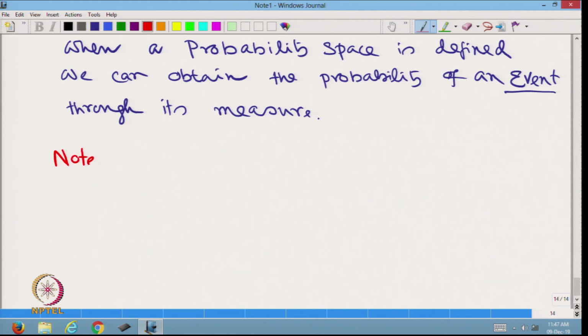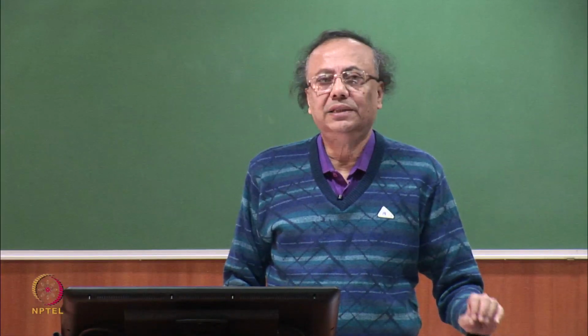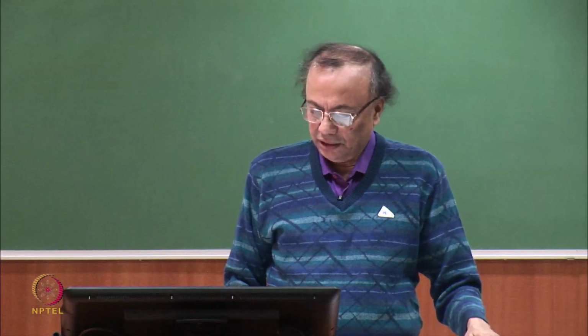Note that the event has to be a member of the sigma field, because if you define an event in such a way that it is not a member of the sigma field, then we cannot assign the measure through the probability measure P, and therefore, we are not able to assign the probability to that particular event.